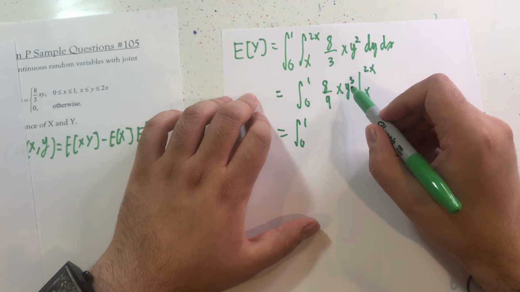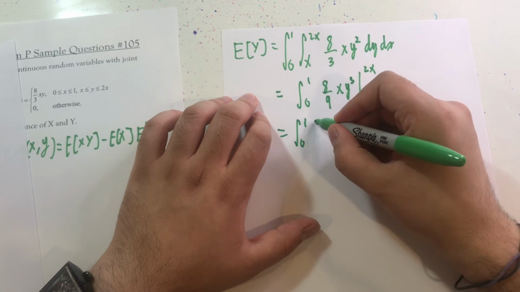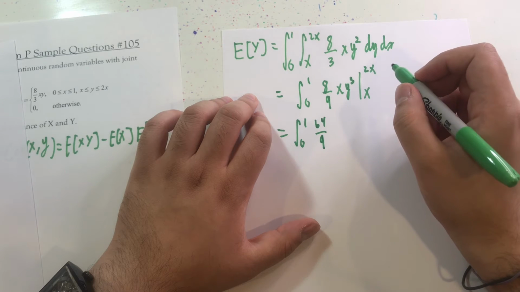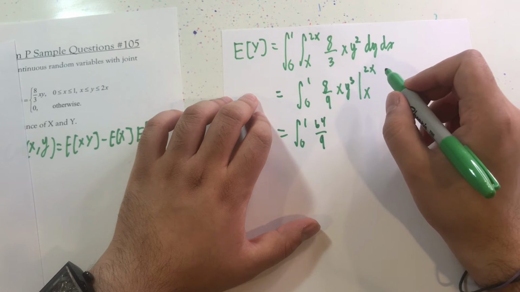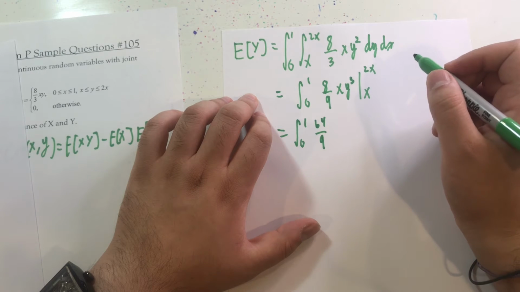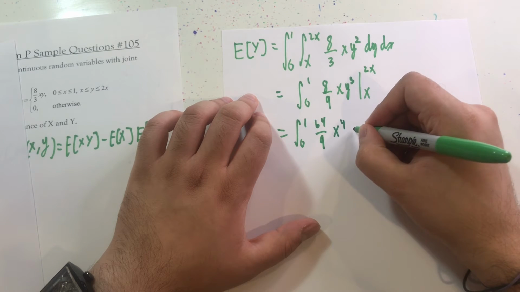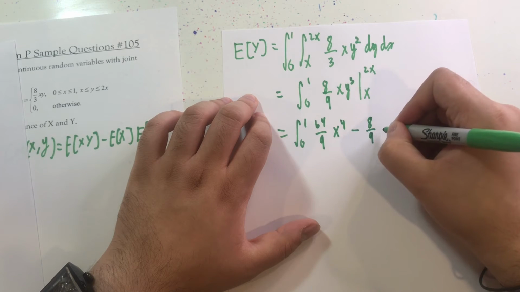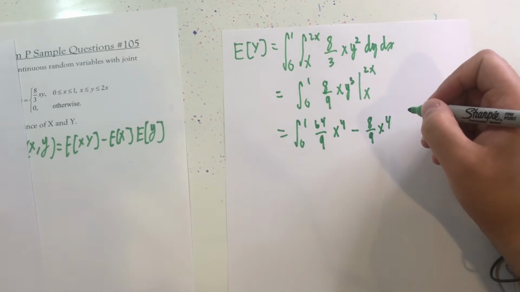This becomes 8x to the third, so 64 over 9 x to the fourth minus 8 over 9 x to the fourth.